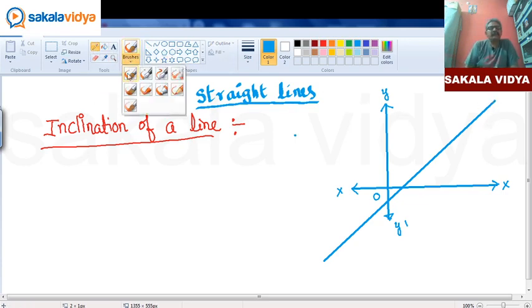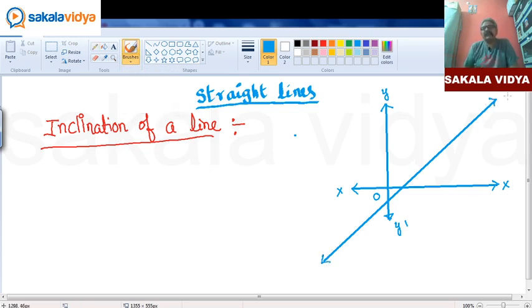Now say this line is L. Suppose L makes an angle theta in anti-clockwise direction, in positive direction. This theta is called inclination of a line.